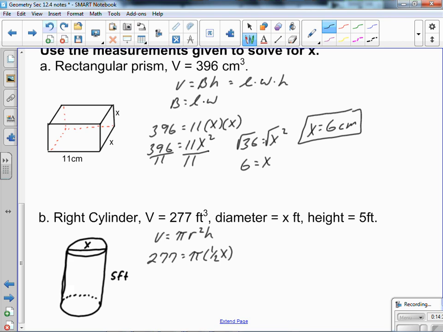So half of x squared, and then times the height, which is 5. So that's going to give us 277 equals pi times 1/2 squared will be 1/4, and the x is squared, times 5.